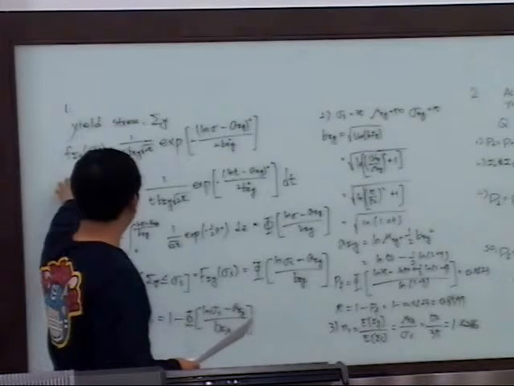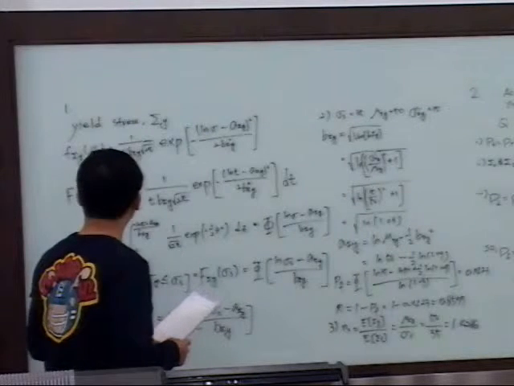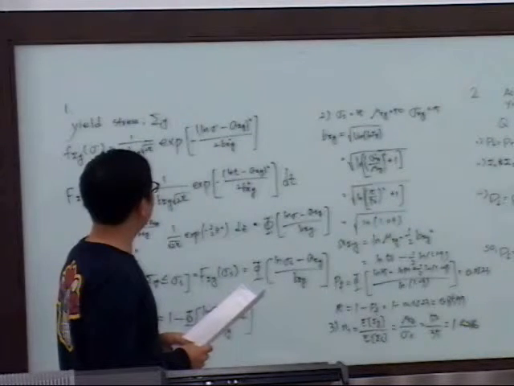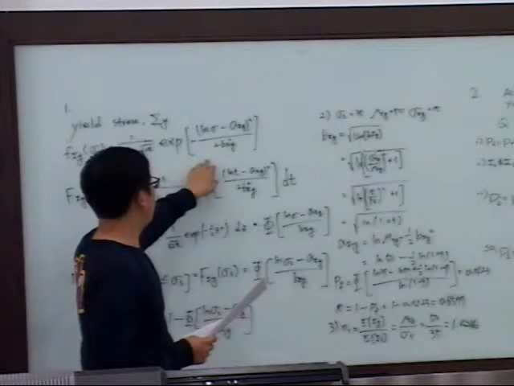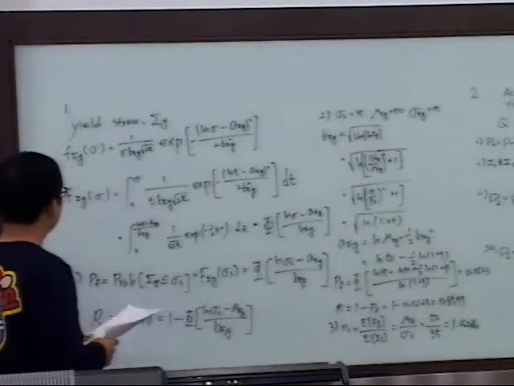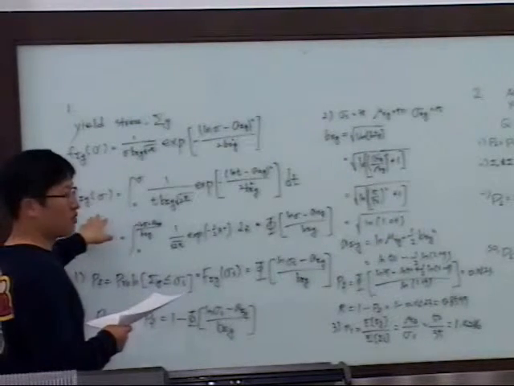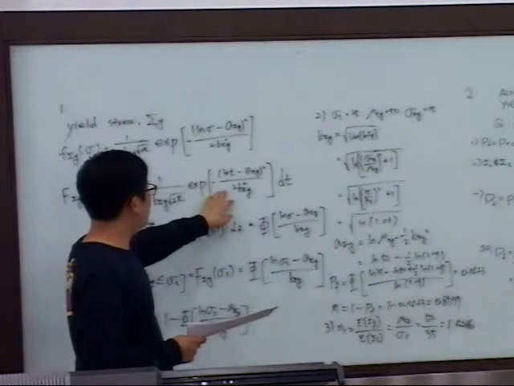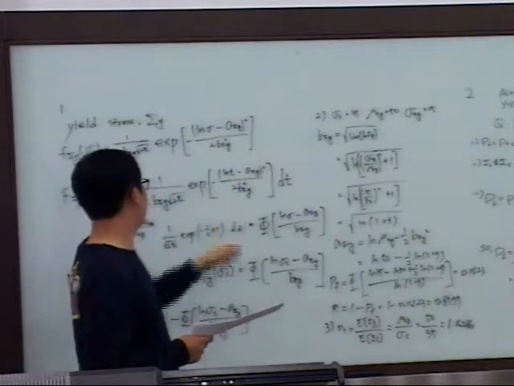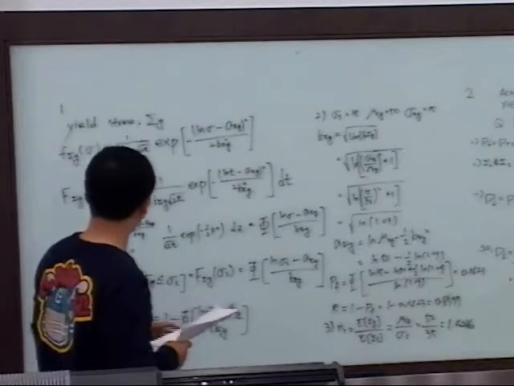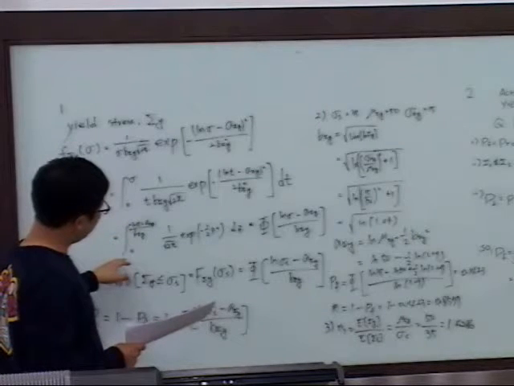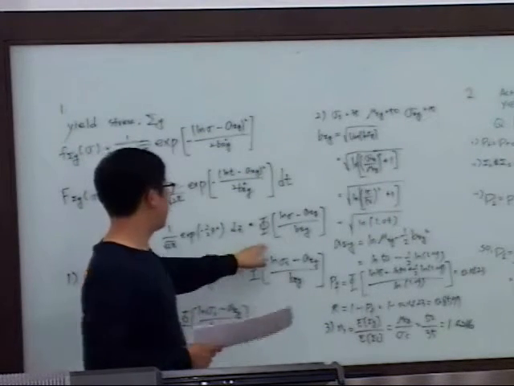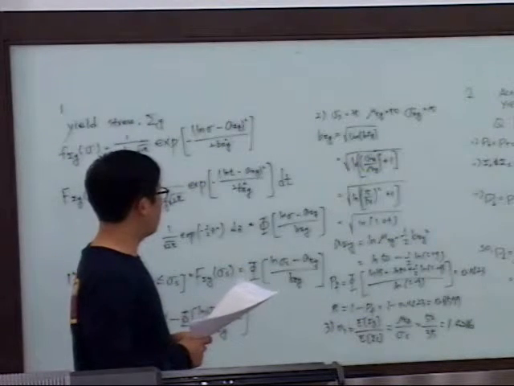The yield stress density f of sigma y is 1 over sigma b sigma y root 2 pi times exponential of minus ln sigma y minus a sigma y squared over 2 b sigma y squared. The CDF is the equation, very similar: natural log t minus a sigma y over b sigma y equals z.